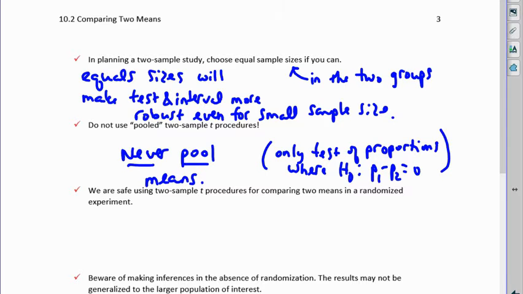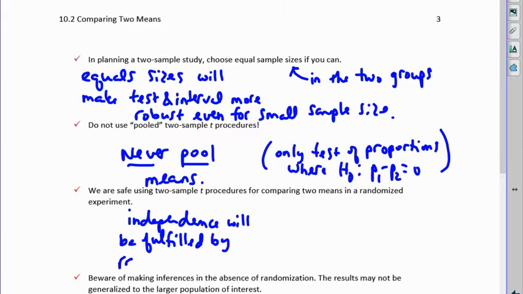Okay, we are safe using 2-sample t procedures for comparing two means in a randomized experiment. And in that, the independence will be fulfilled by random assignment.